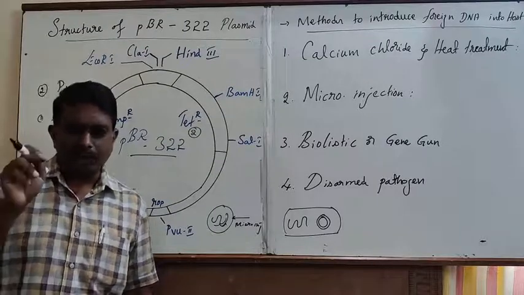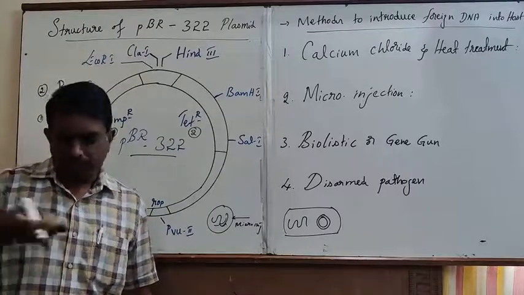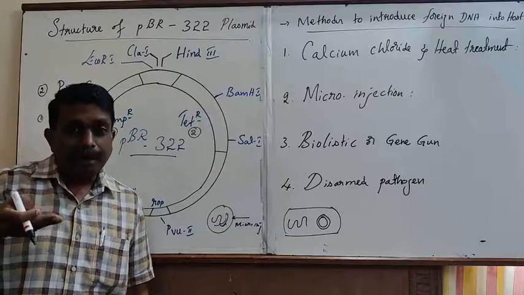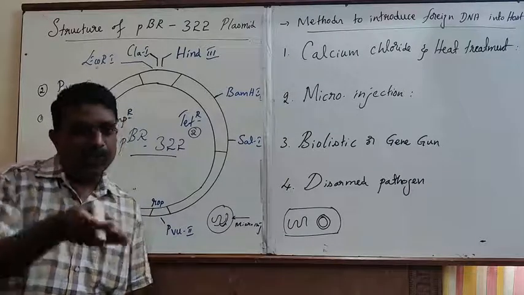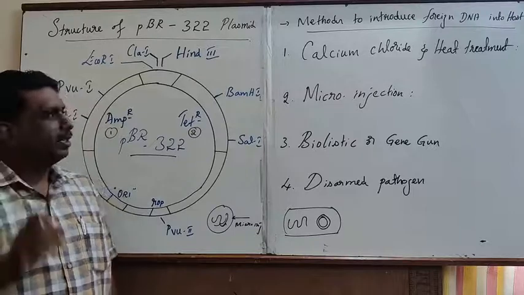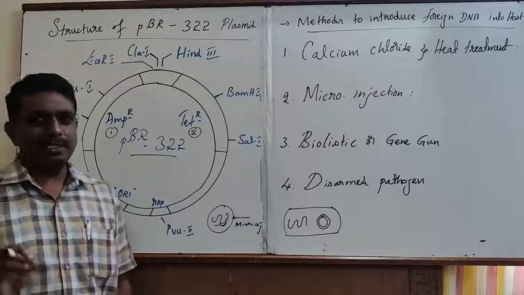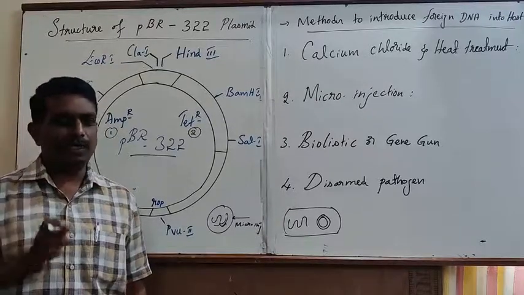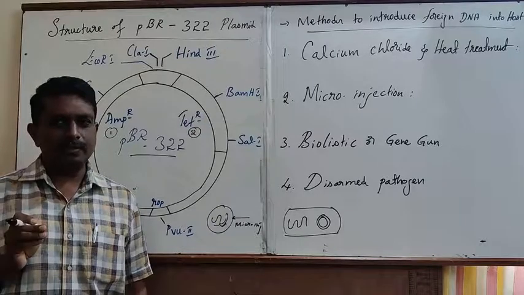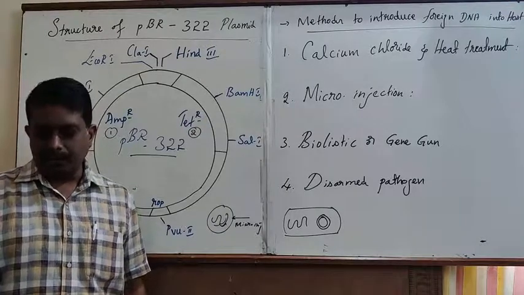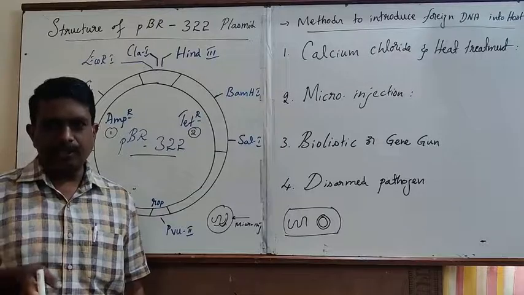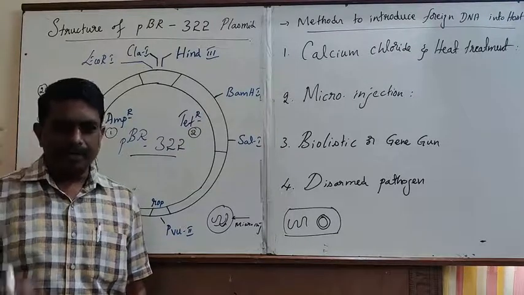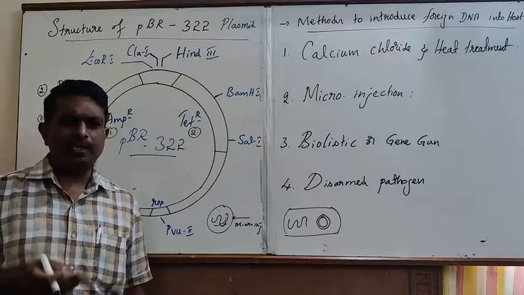This method is widely employed in order to introduce the plant genes into the host organism. The biolistic or gene gun method is widely used. In this case, by making use of gold and tungsten particles, high bombardment is done with great velocity.